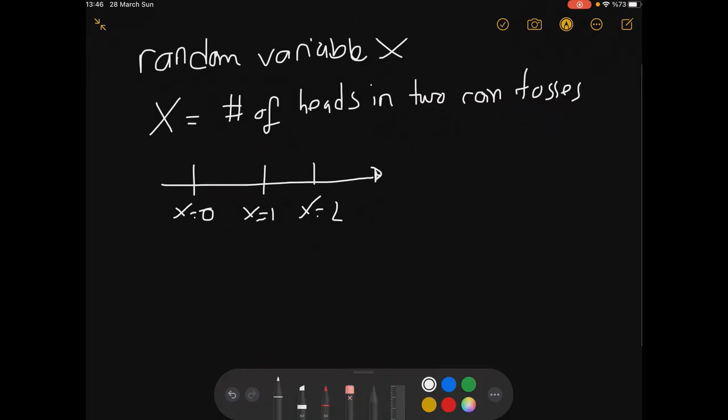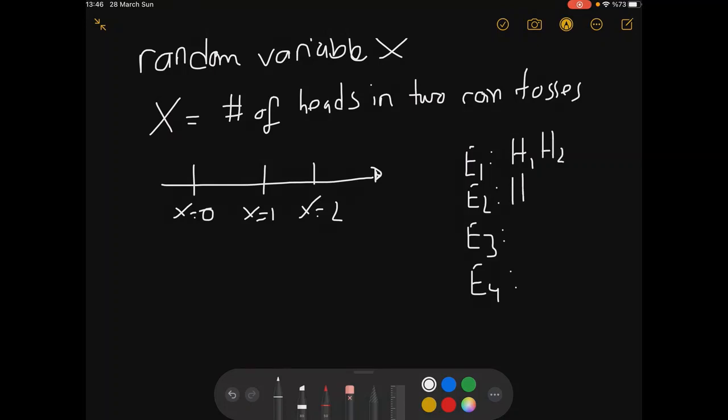And what do you have in the sample space here? These are your elements of sample space. You will have namely 4 elements here where you can have heads, heads, tails, heads, heads, tails, and tails, tails, right?